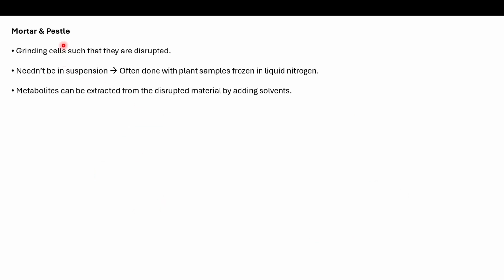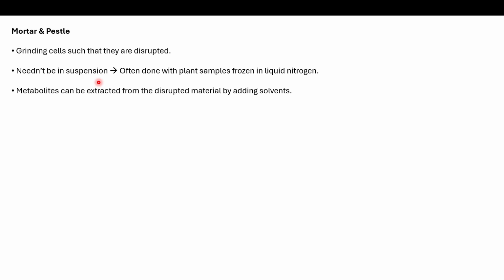So one is using mortar and pestle, where one grinds the cells so as to disrupt the complete cell and break it open. For using mortar and pestle, the cells needn't be in a suspension, in a liquid culture. It is usually yeast cells or plant cells.